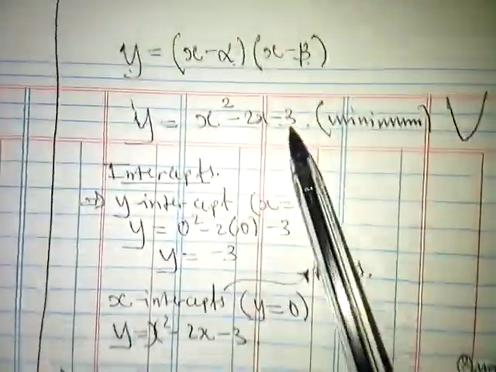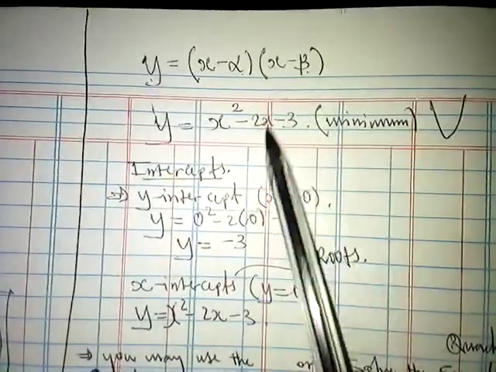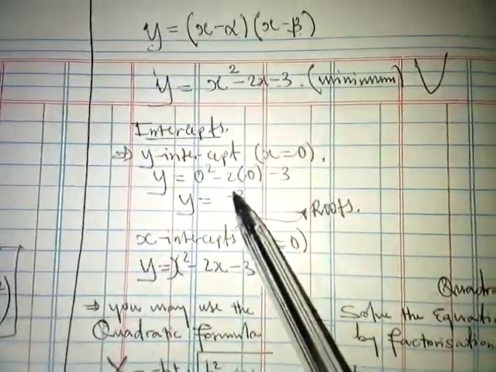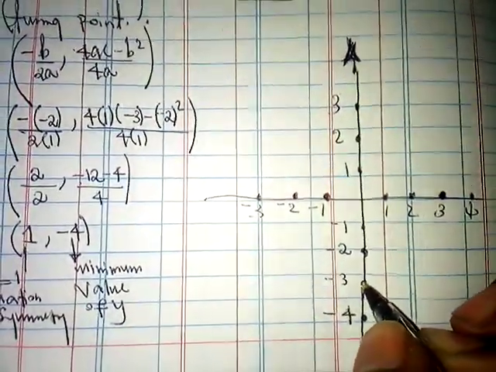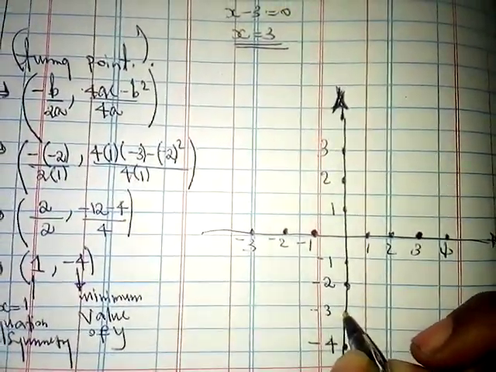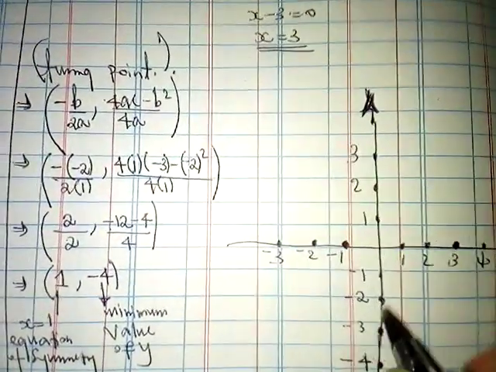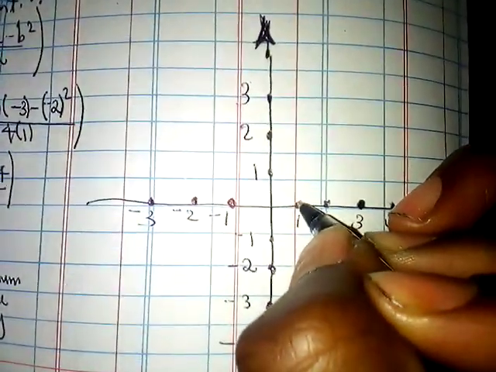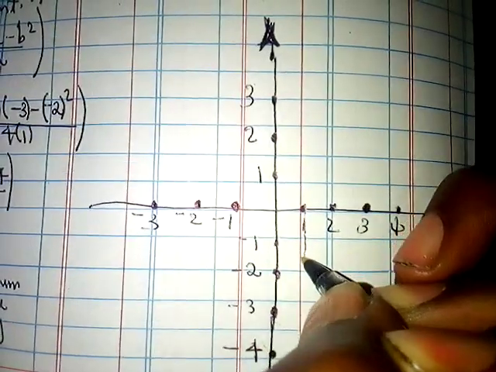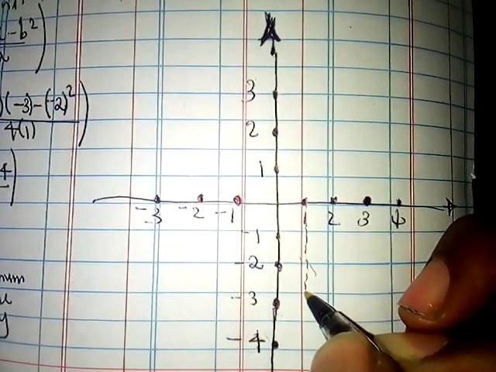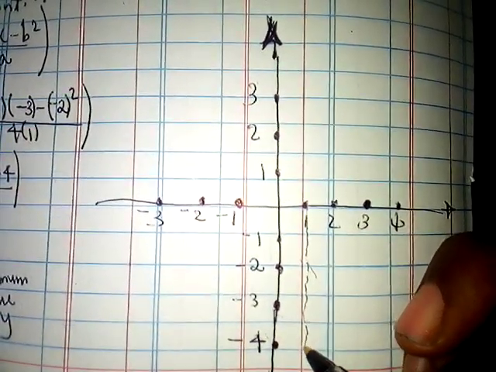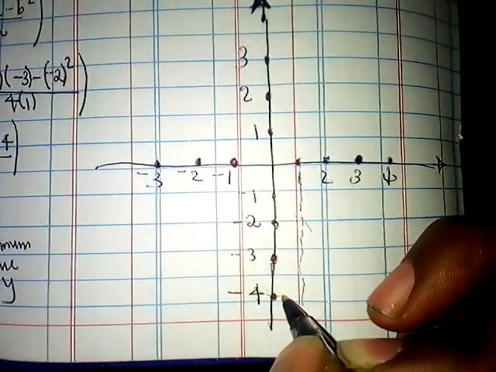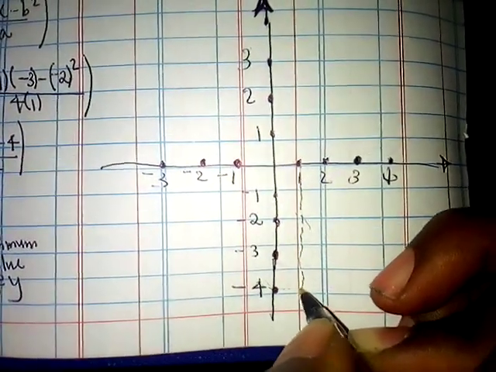No, -3. Okay, -3. That's what we even found here. So this is going to be -3. Let us not forget our turning point. Our turning point is 1, -4. So 1, -4, they're meeting here.